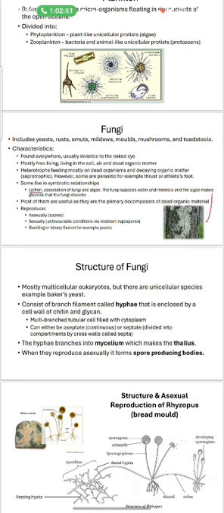Structure of fungi. Mostly multicellular eukaryotes, but there are unicellular species, for example, baker's yeasts. They consist of branched filaments called hyphae that are enclosed by a cell wall of chitin and glycan.